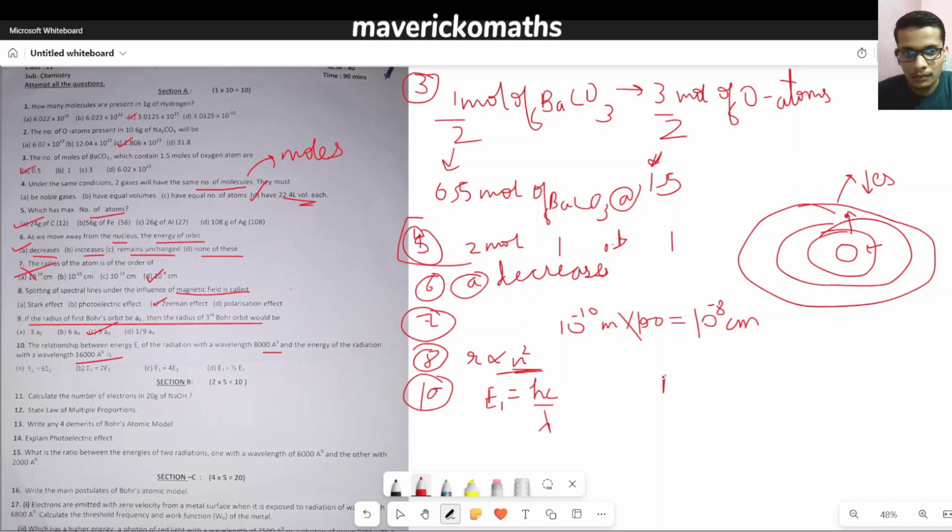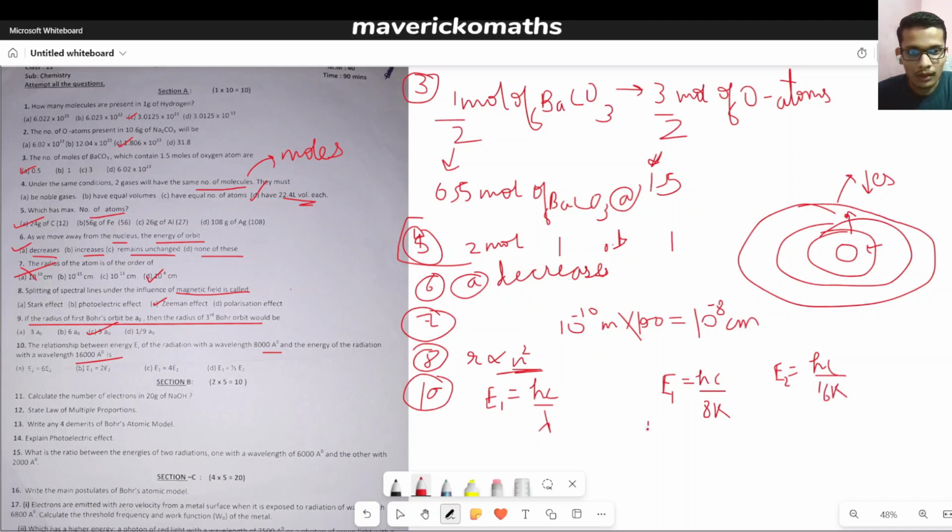So E1 is basically hc upon lambda. No need to put the values of h and c here. The lambda is 8,000 angstrom. I'll simply write here 8k, and E2 is equal to hc upon 16k angstrom.